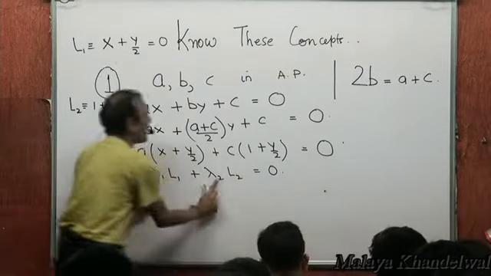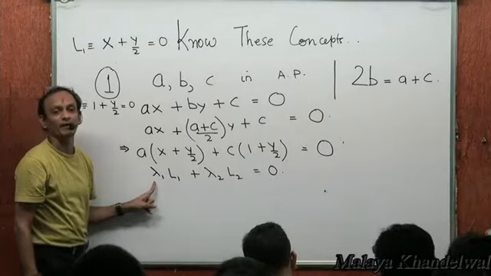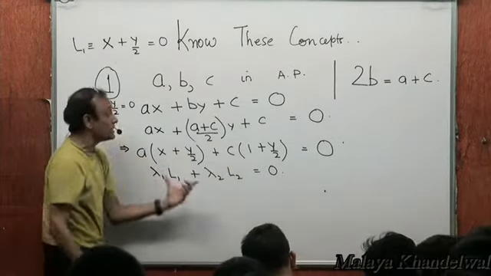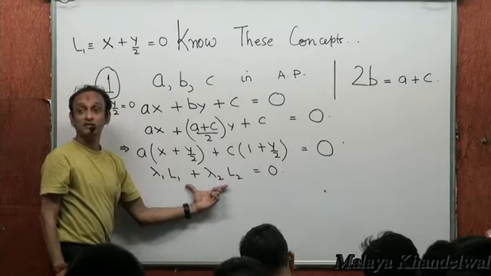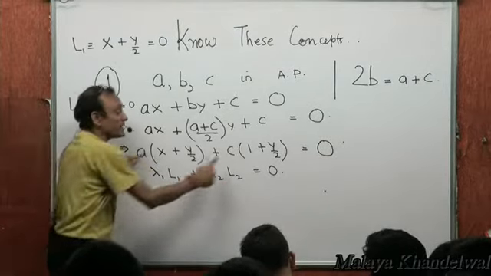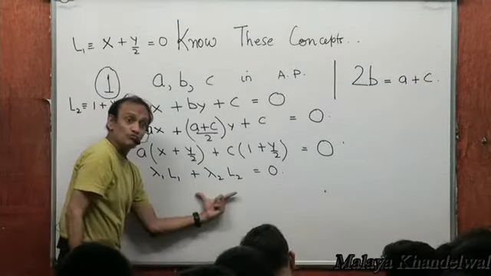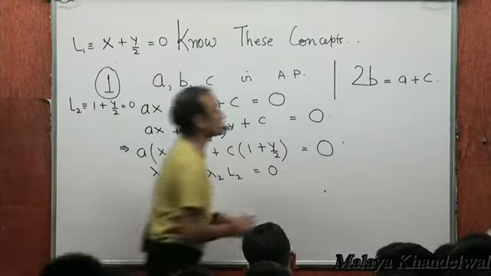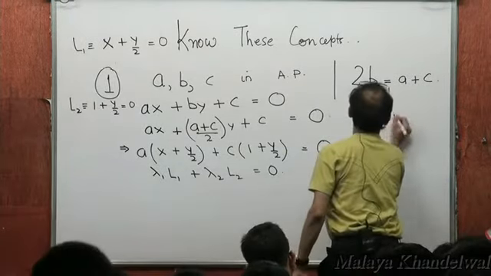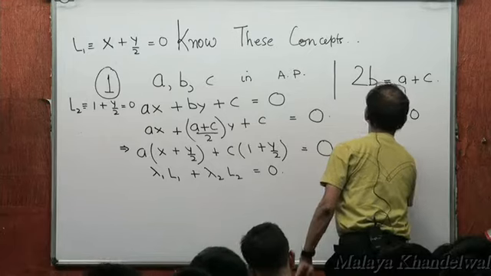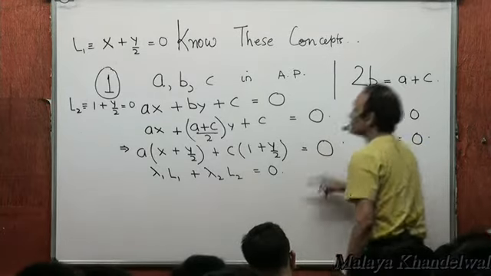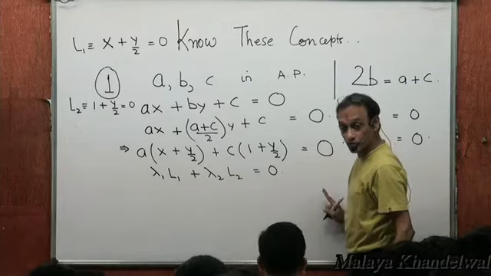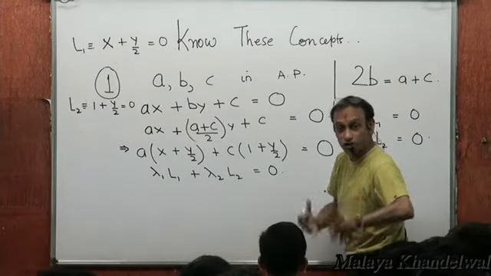This line, therefore, no matter what choice of lambda 1 and lambda 2 I make, no matter how I select my A and C, this family of lines, because A and C are not fixed, will always pass through the intersection of the two fixed lines L1 equal to 0 and L2 equal to 0. That would be the point of concurrency of all these lines.